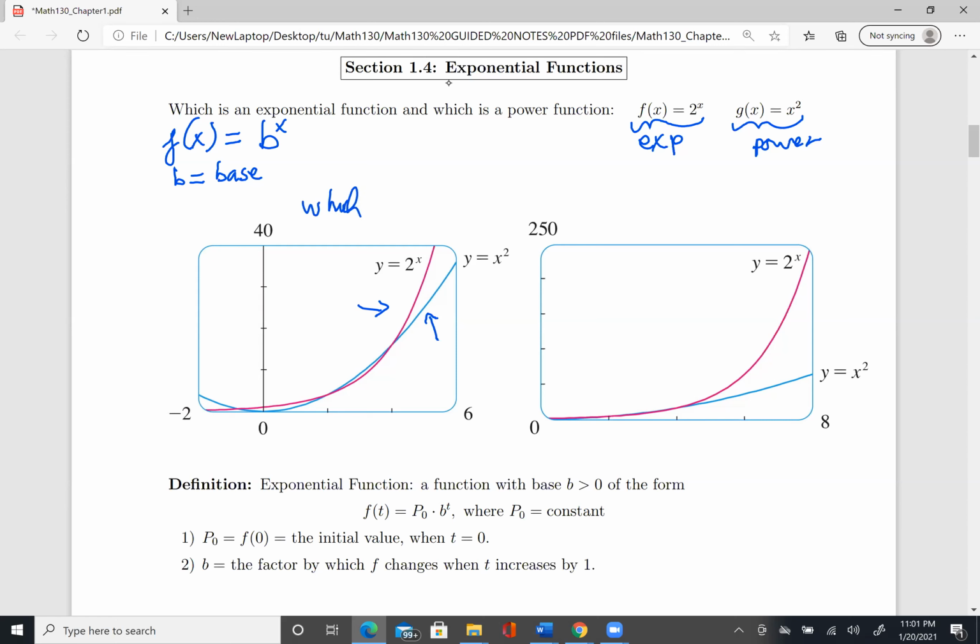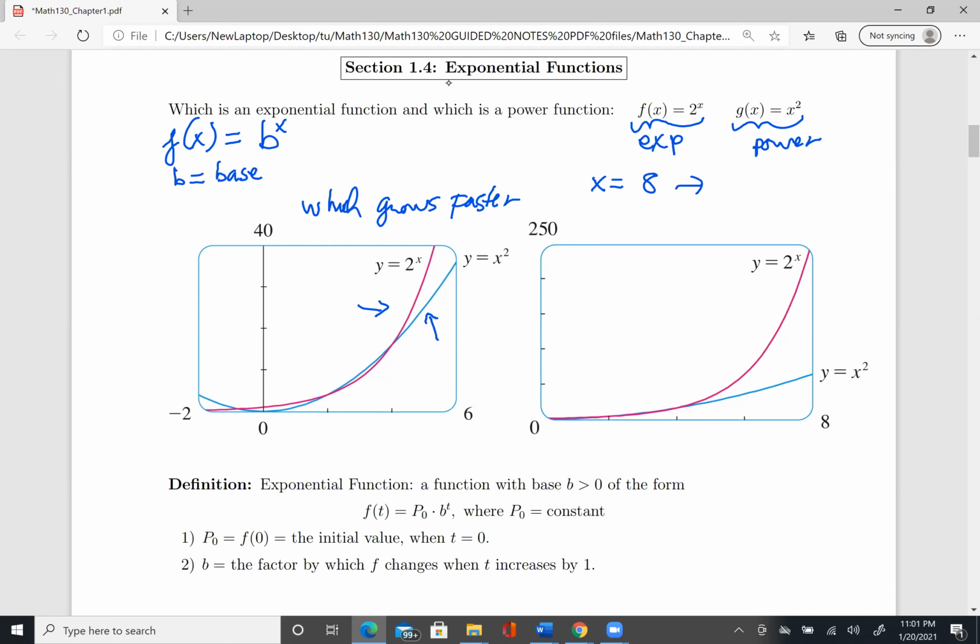Which grows faster? Let's choose x equal to 8.